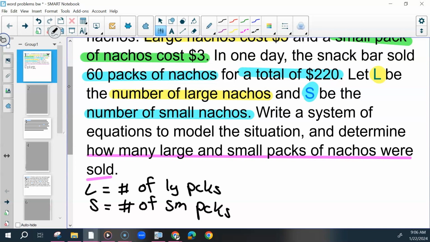When I add these together, subtract them, multiply, divide to get a total? Add. Okay, so we're going to add two things together to get 220. What do we think we might add together?